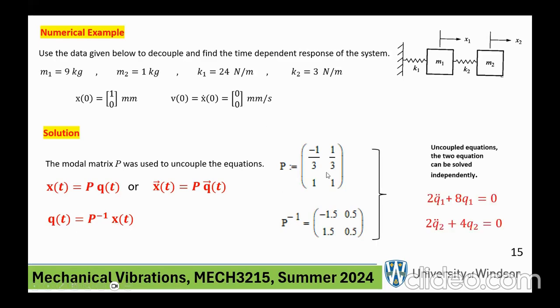First of all, we already did this in the previous example. We uncoupled the two equations, and they came out to be the first equation, which has nothing to do with Q2, and the second equation, which has nothing to do with Q1. I want to remind you of the natural frequency of this single degree of freedom system.